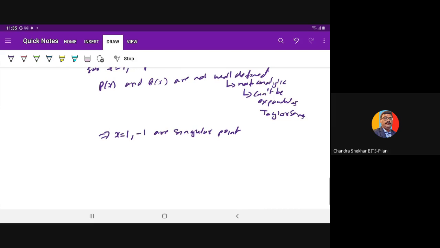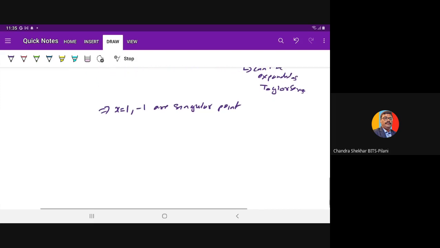Then, as I told you, we have to define new functions. Let's say P1(x) is (x - x0) P(x). Here x - x0 means x - 1, taking x0 = 1.